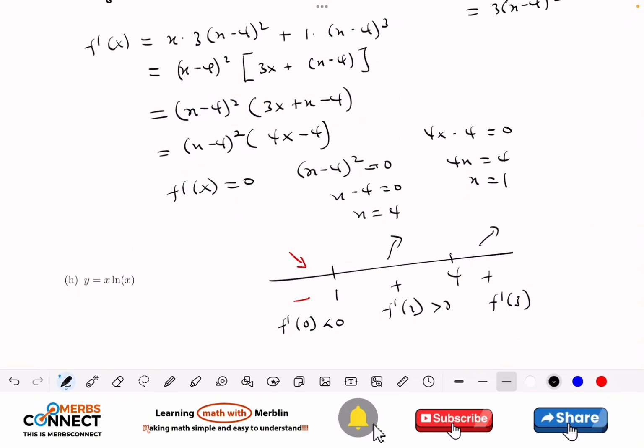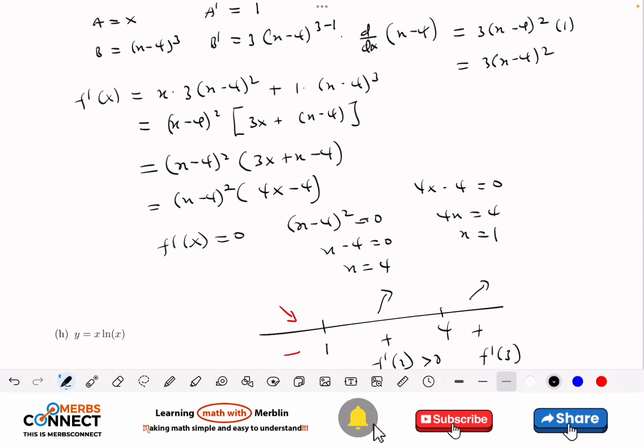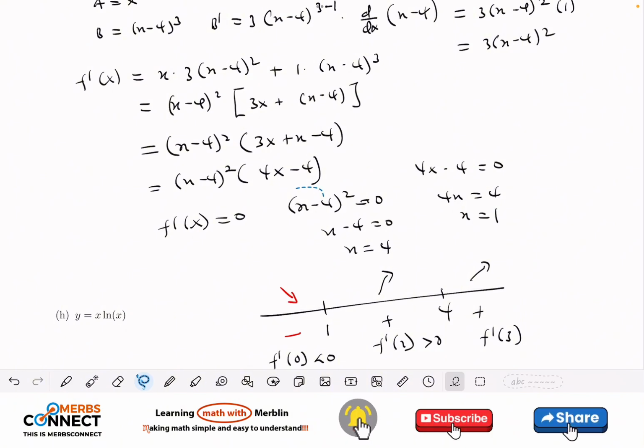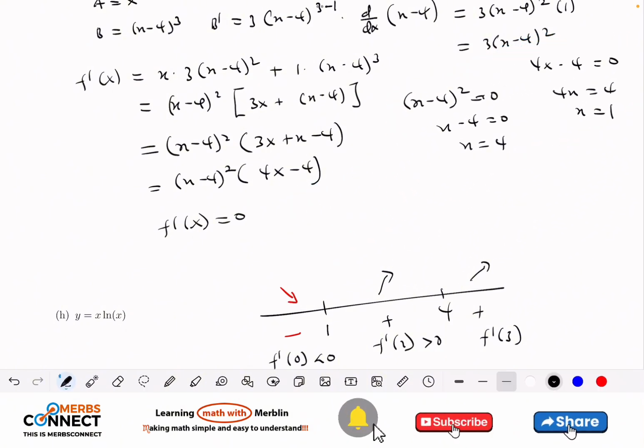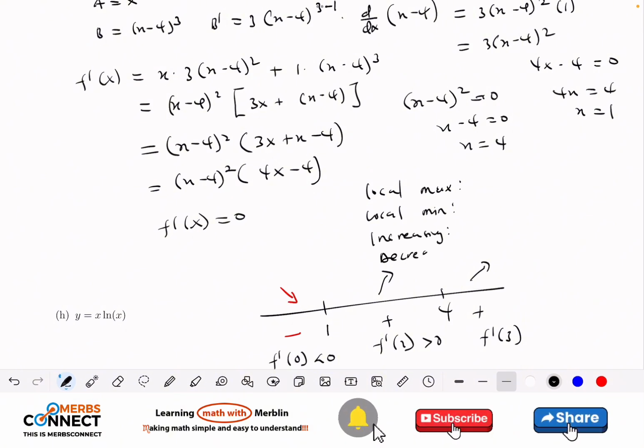So what are the local max and local minimum? We pick these up here and talk about local max, local minimum, increasing and decreasing.